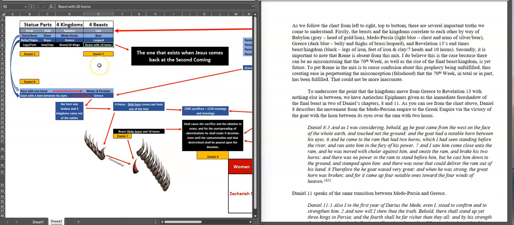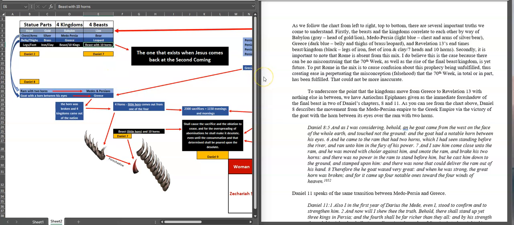Now, secondly, it's important to note that Rome is absent from this mix. As I was reading through the last part, I wound up doing a segue and a lot of extra explanation that I hadn't written about. So I thought, if I felt it necessary to include outside of the writing, then it was probably a good idea to include it in the writing also.